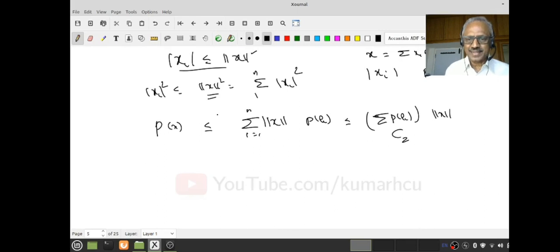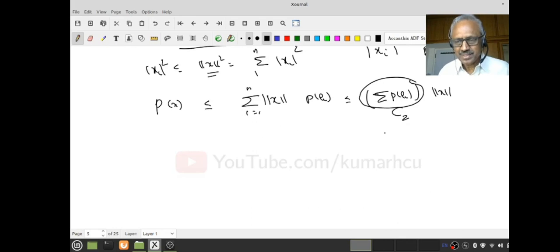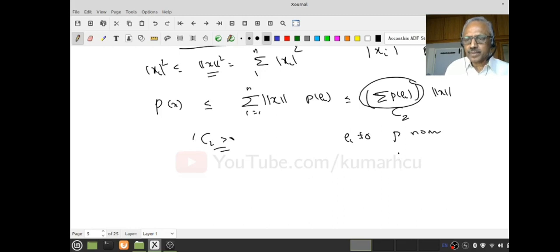And second, this sum is finite, because the sum itself is a finite sum, and hence the sum exists. Call it C2. It's non-negative. Third, why is C2 positive? Because remember, ei is not zero and P is a norm. Therefore, P of ei is not zero for any i. Therefore, it's actually positive. For each i, P of ei is positive. Therefore, this is a positive sum.